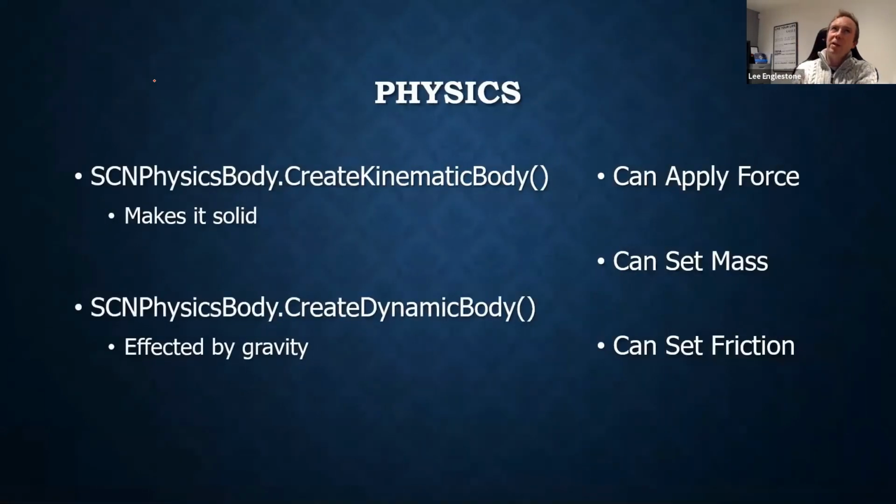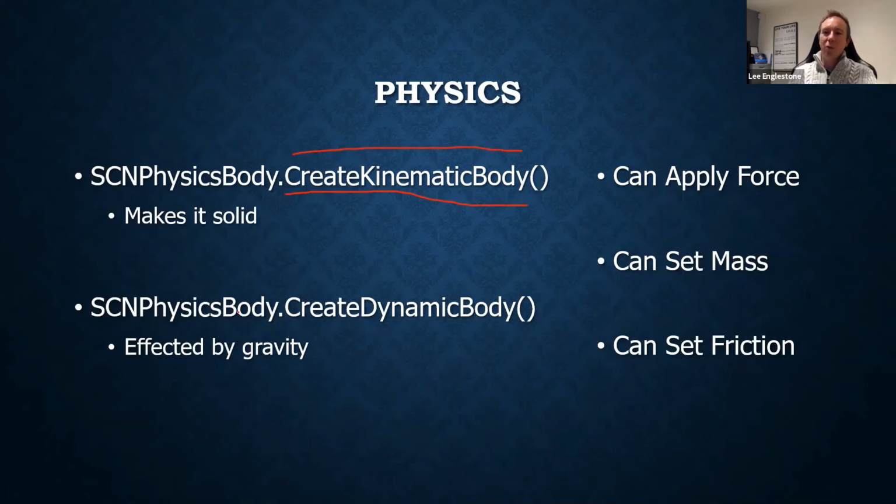So then, built into SceneKit, we have physics that we can make use of. When we place these nodes into our scene, by default they're not solid. They can pass through each other, but we can make them solid by calling the create kinematic body method, which I don't know why they didn't just call something like make solid. It's probably a physics term.